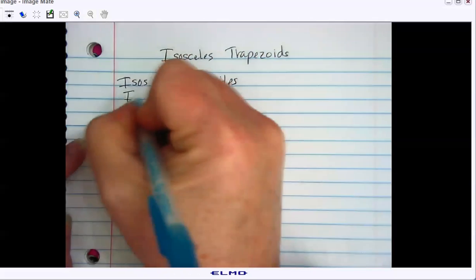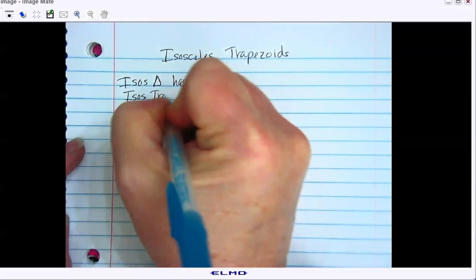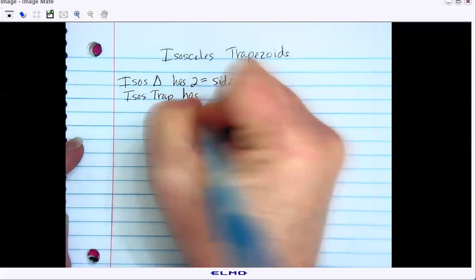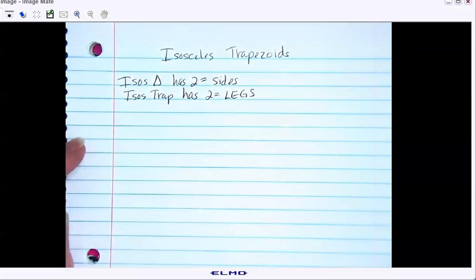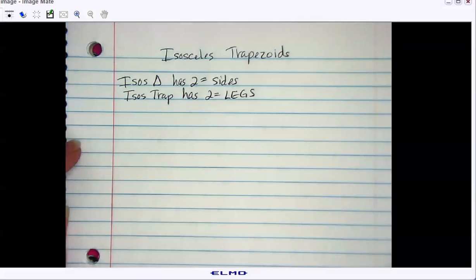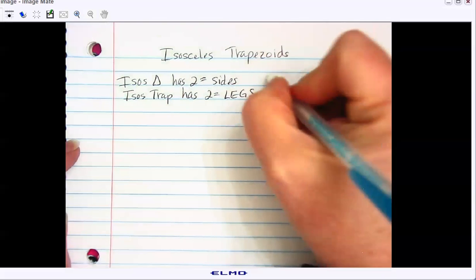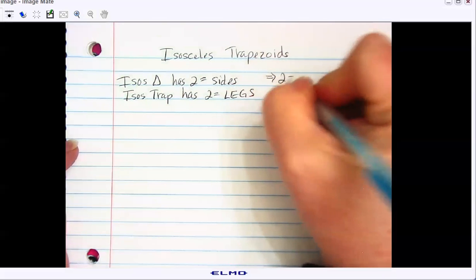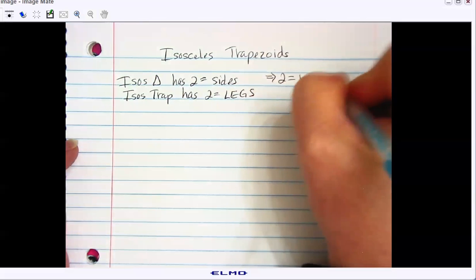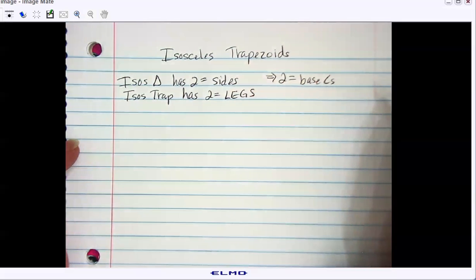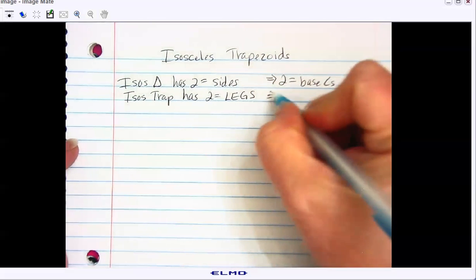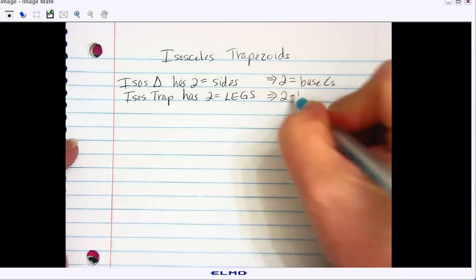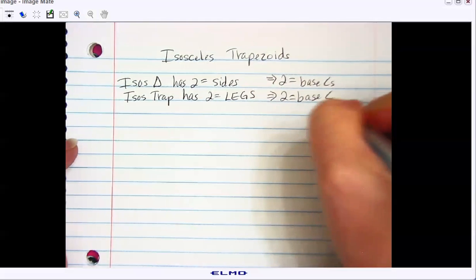An isosceles trapezoid has 2 equal legs. Remember with the triangle, this meant that you had 2 equal base angles. And the same is true for the isosceles trapezoid. We're going to have 2 equal base angles.